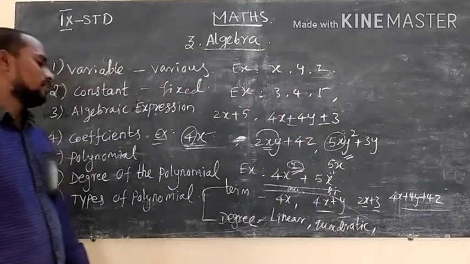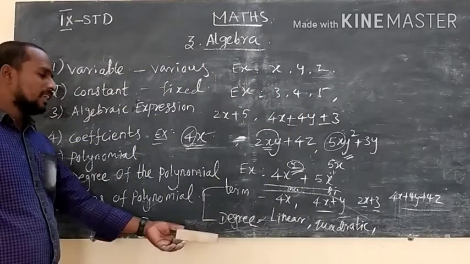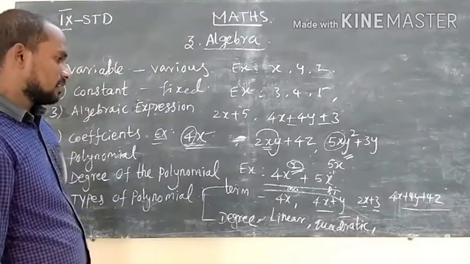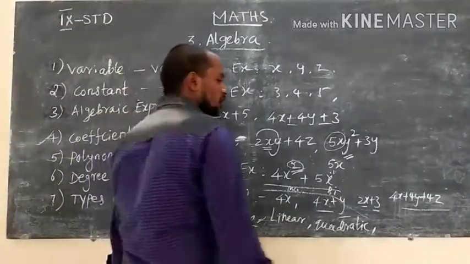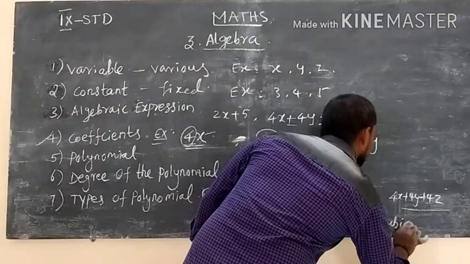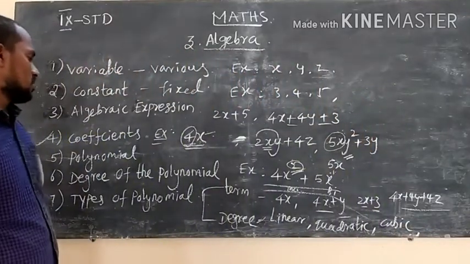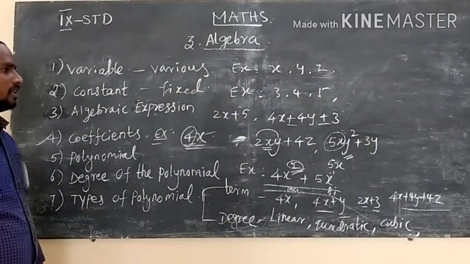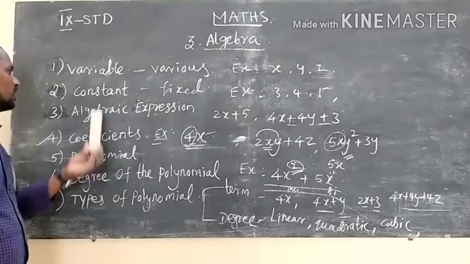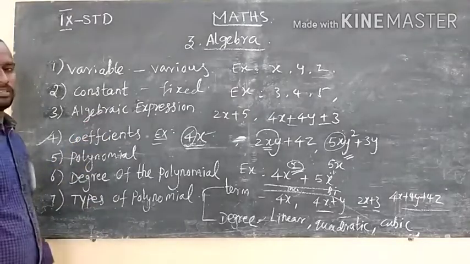Then a polynomial of degree 3 is a cubic polynomial. This is the types of polynomials. Have you understood the definitions? Variables, constants.